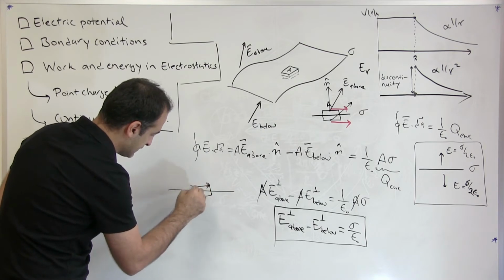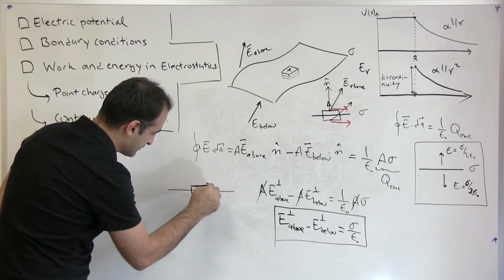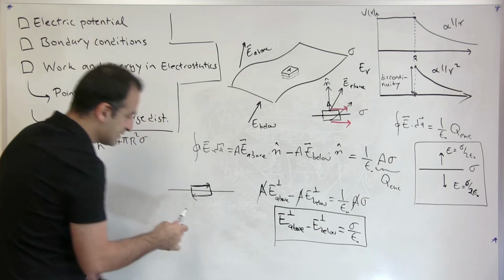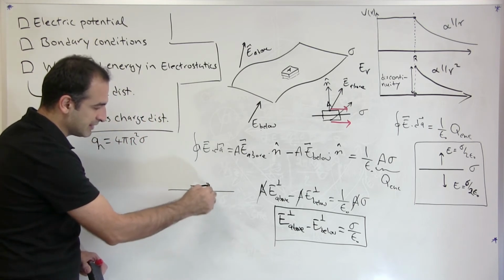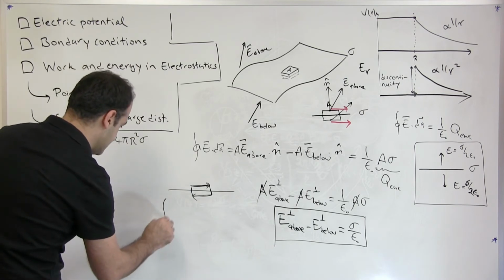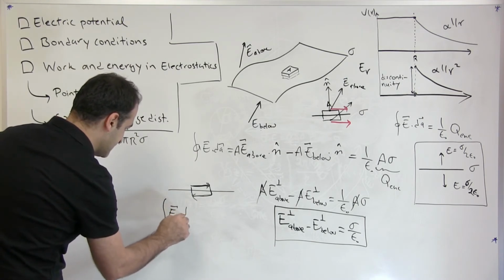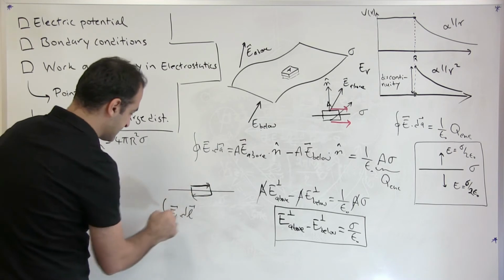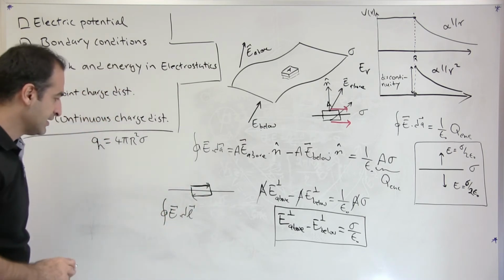I move from here to here to here and to here. If we do the integral of E dl over this closed path, what do I get?